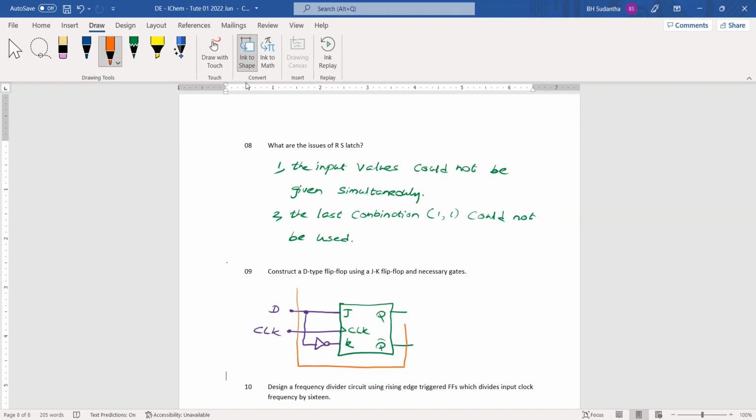Then this is the resultant D-type flip-flop. We have D, clock and Q, Q bar.